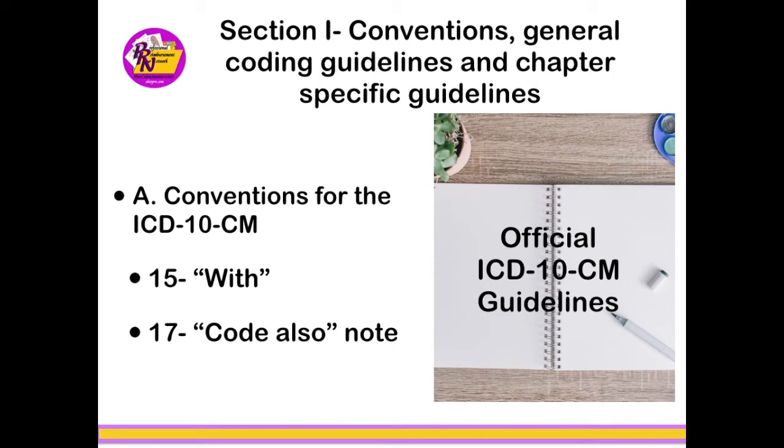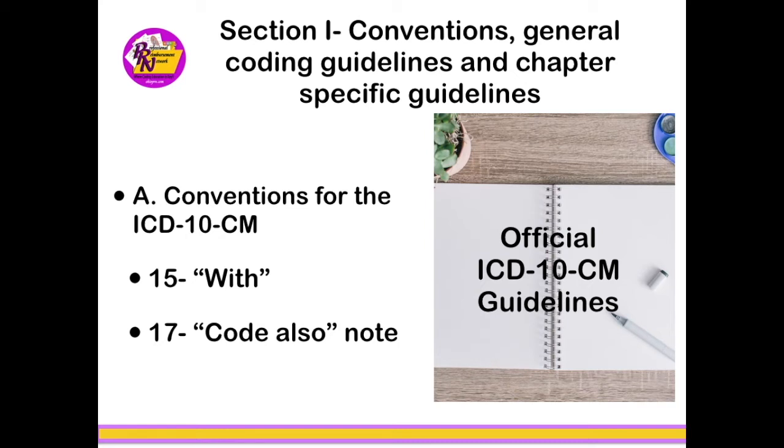In Section 1, Conventions, General Coding Guidelines, and Chapter-Specific Guidelines, there were some changes in Section A, Conventions for I-10, in Section 15, the word "with", and Section 17, Code Also Notes. So there were a couple of word changes, but then there was some additional guidance.